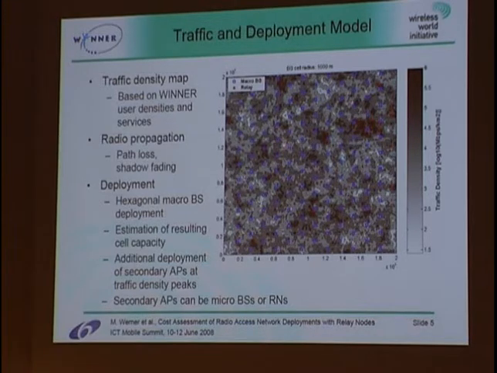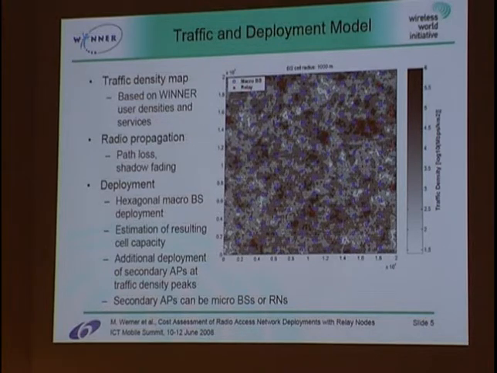So the blue squares here indicate a very regular base station deployment according to an hexagonal cell model. And it might be the case that in certain areas here where you have a high traffic demand indicated by the darker color, you can't cover all the traffic demand. That is, for example, one of these areas here. And in these areas, we have to do something else.